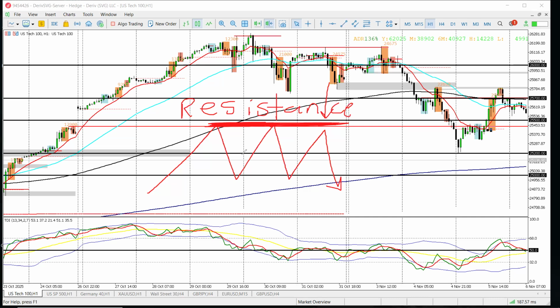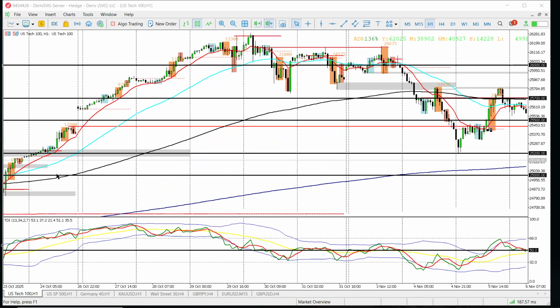Then you have instances where price will do this. Let's say price was coming down, hit a level, hit a level. So we've got two equal lows here, which is a support, and two equal highs here, which is a resistance. Now we are in a range.